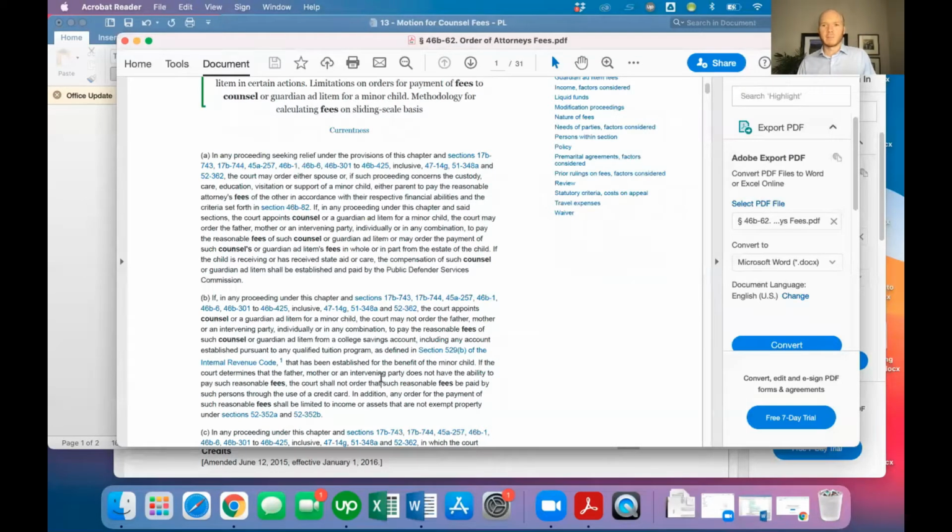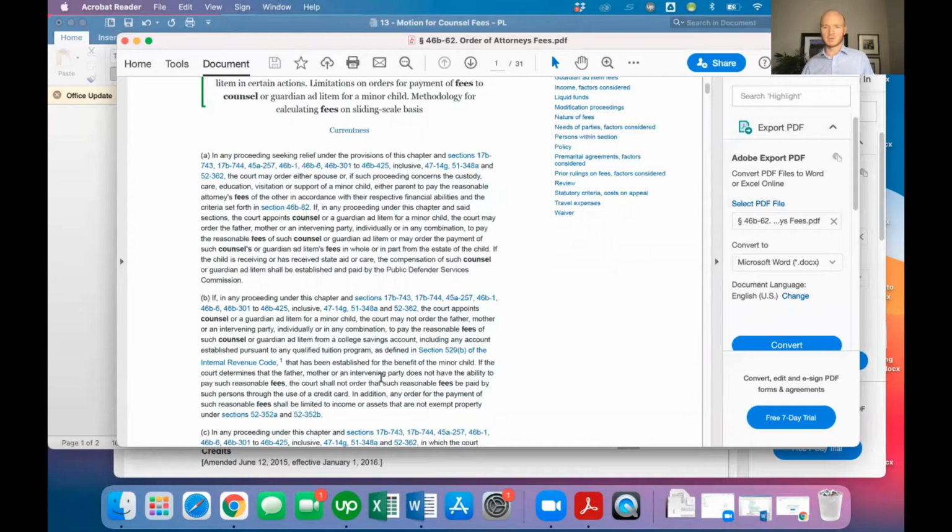I think the most common example is, a wife files a motion for counsel fees asking that a husband pay her counsel fees. If you look at the financial affidavits of the parties and the husband doesn't have any assets and he, for example, put his own attorney's fees on a credit card, the court's not likely to grant a motion for counsel fees, because if the husband put his counsel fees on a credit card, the court would say, all right, wife can put her counsel fees on a credit card also.